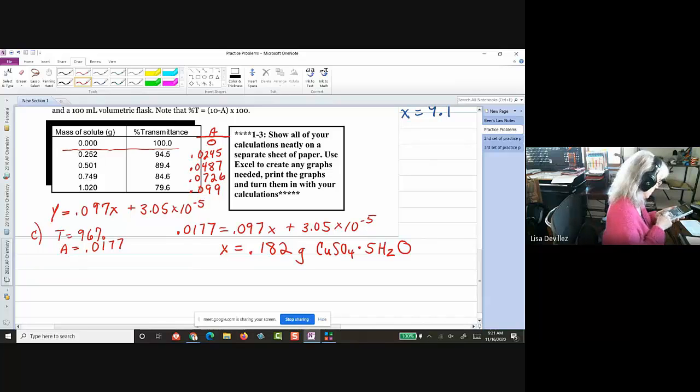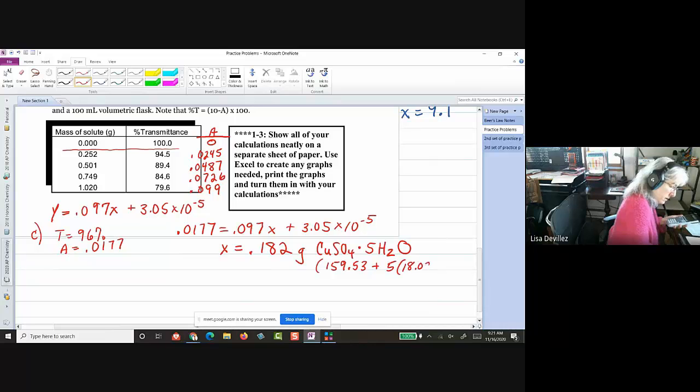So on this I get 159.53 plus 5 waters, which gives me 249.63 grams per mole.